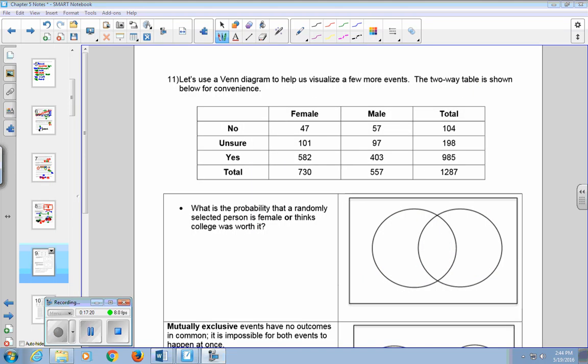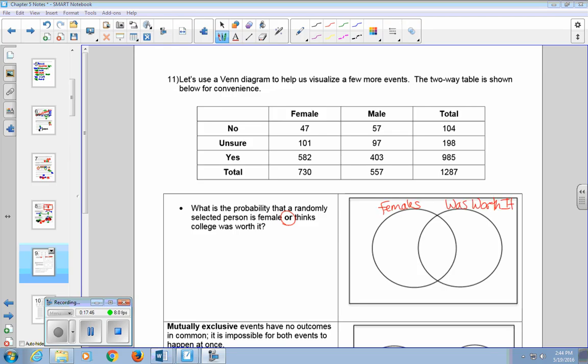Okay, number 11, we're going to use the Venn diagram to help us visualize a few more events. The two-way table is shown again below for convenience. Right, so first question, what's the probability that a randomly selected person is female or thinks college was worth it? So we're looking at females as one of our events, and college was worth it is our other event.